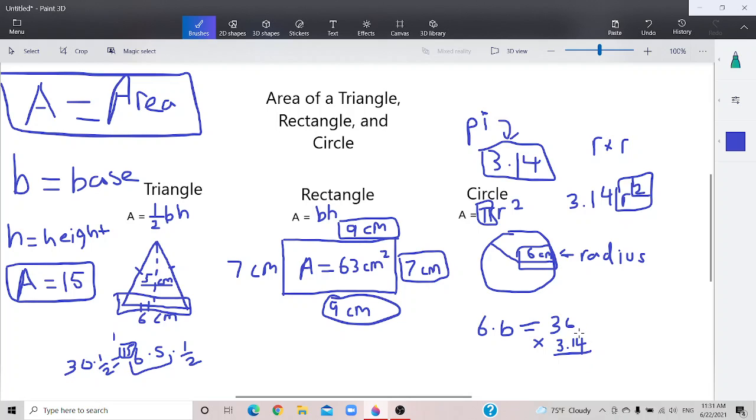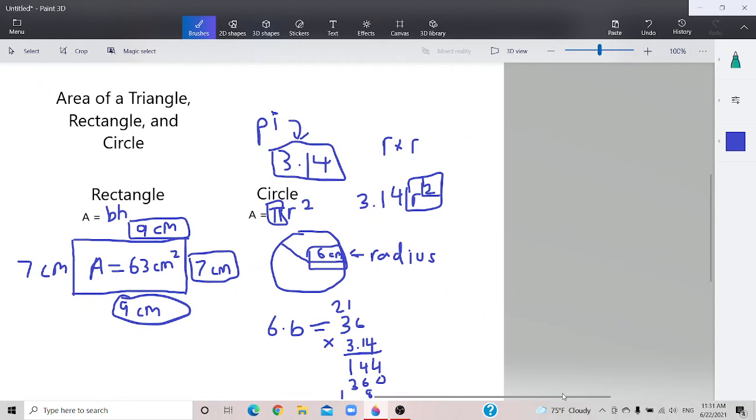Okay, so let's solve this. 4 times 6 is 24, no, 4 times 3 is 12, 14. Put the 0. Then it's 36, because 1 times 36 is 36. And 3 times 36 is 108. Whoops.